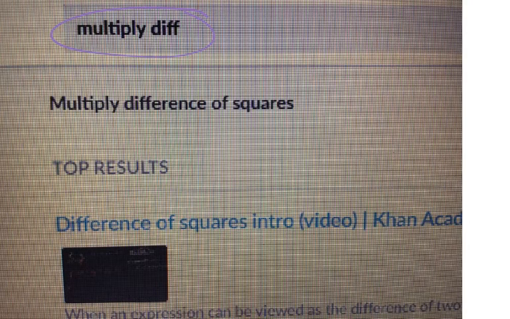Of course, if you see it in your assignment page, you can click on it there as well. But I think this will be quicker for you. All I have to do is just go, and notice I just started typing in multiply diff. I stopped right there because look what popped up right here. Multiply difference of squares. And then I want you to click on that.